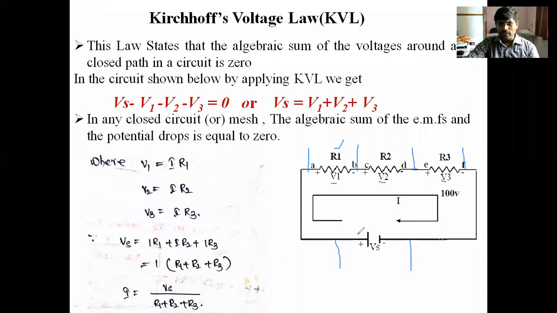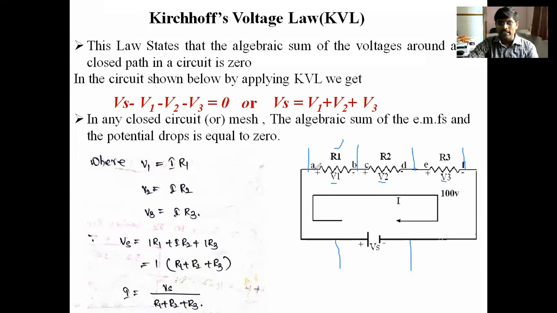Whatever the voltage at the anode appears at the first terminal A. Once current flows through R1, some voltage drop takes place across R1, so the potential at B is definitely less than at A. The potential at A is equal to the potential at the anode, but because of the voltage drop V1, the potential at the second terminal is less than the first terminal.